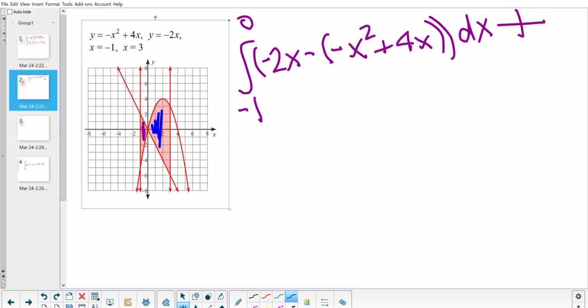Then plus this area right here that goes from x equals 0 to x equals 3.